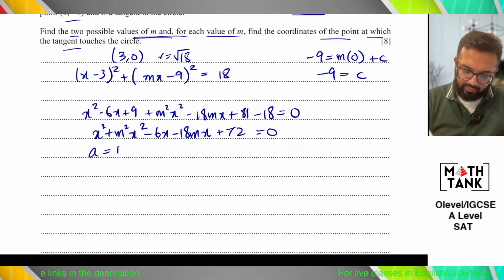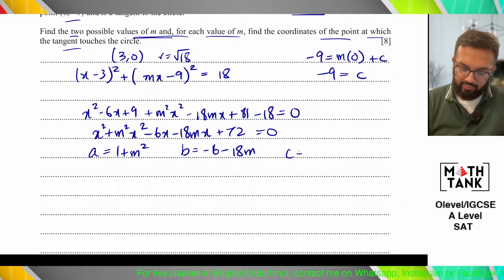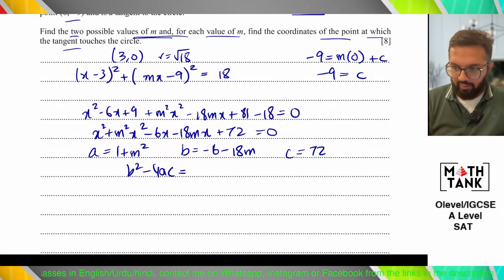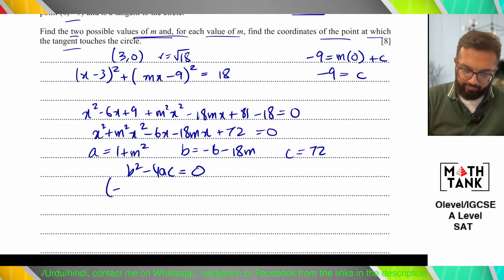So a is 1 plus m squared, b is minus 6 minus 18m, c is 72. Since it's a tangent, b squared minus 4ac should equal 0.